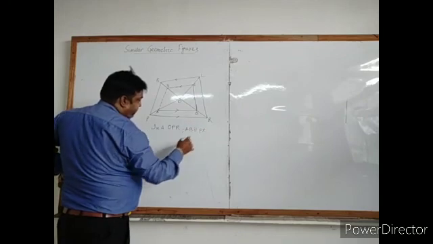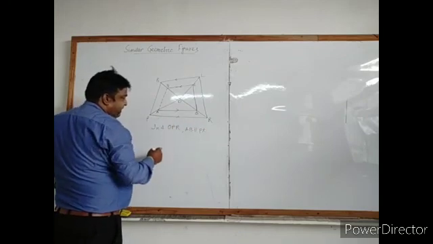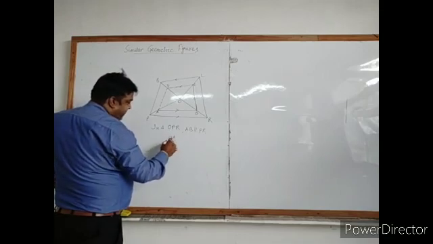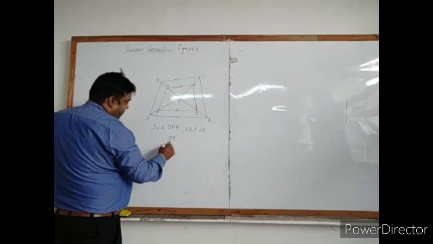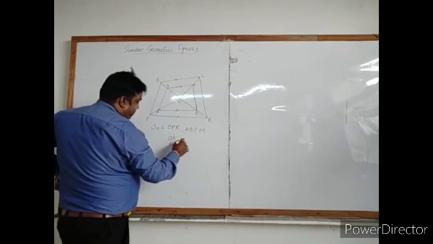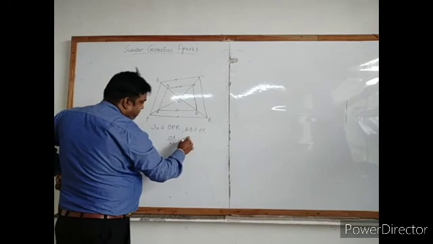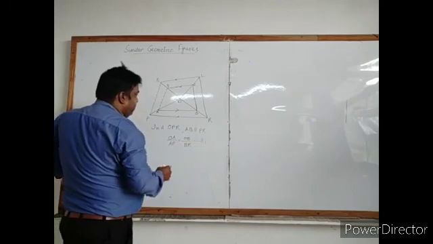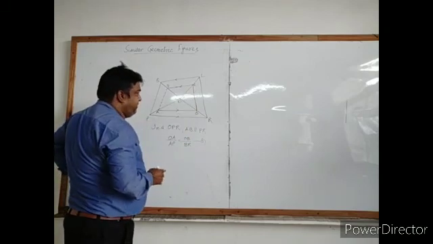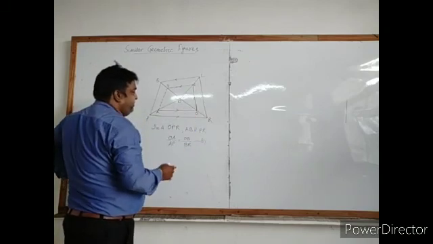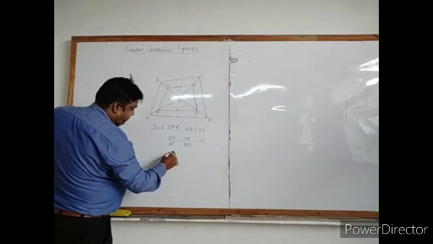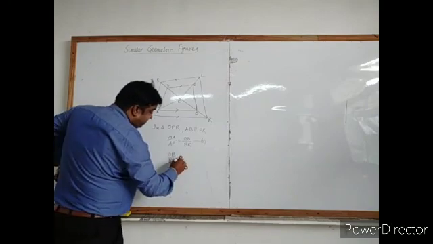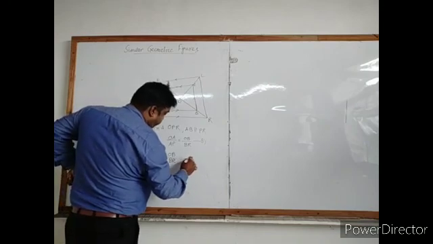In triangle OPR, AB parallel PR. So if you apply the BPT here, what will you get? OA by AP equal to OB by BR. This is number 1. In the next triangle, if you apply the BPT, taking BC parallel RL, you will get OB by BR equal to OC by CL.